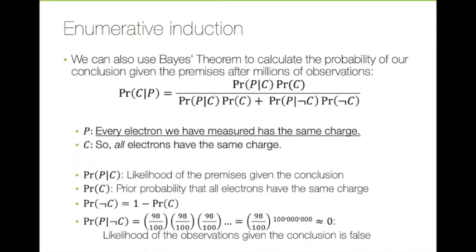That multiplication gives you the chance of getting a different number on the first experiment times the chance of getting a different number on the second, and so on, 100 million times. There is essentially no chance that we could make 100 million observations of the same charge if the conclusion is false. So this number is essentially 0. If you want to be convinced further, try to calculate just 98 out of 100 to the power of 10,000.